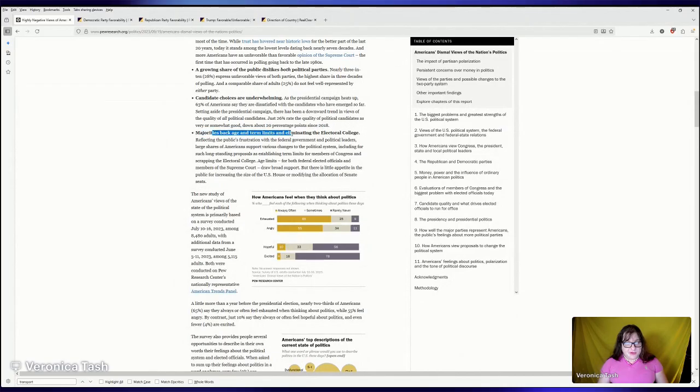Majorities back age and term limits, and so on. Age limit, maybe a decent idea. Term limits, horrible idea, because it doesn't work the way that you think it will. We've done that study on states. And eliminating the electoral college is good, but not if it's done alone.